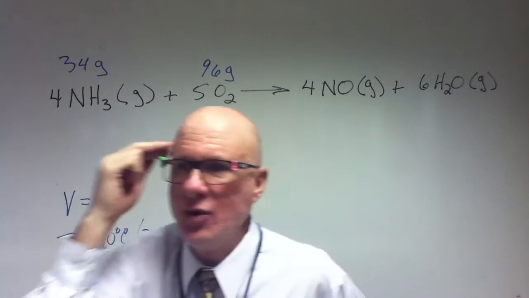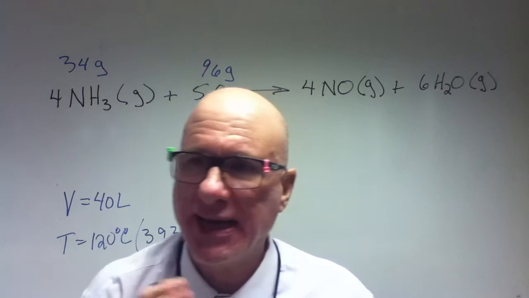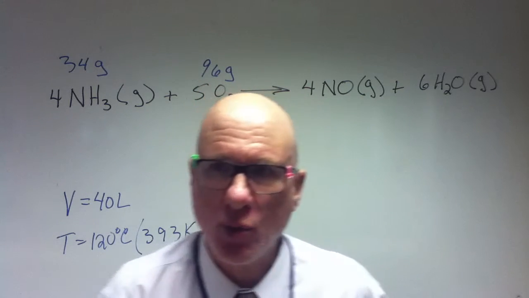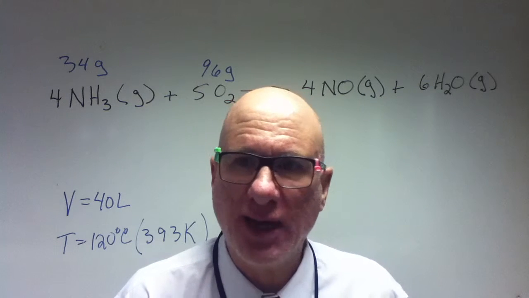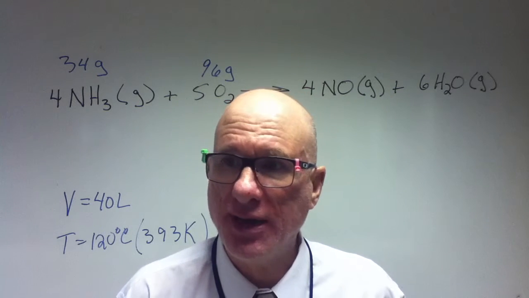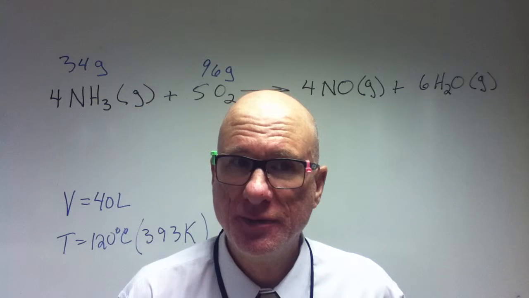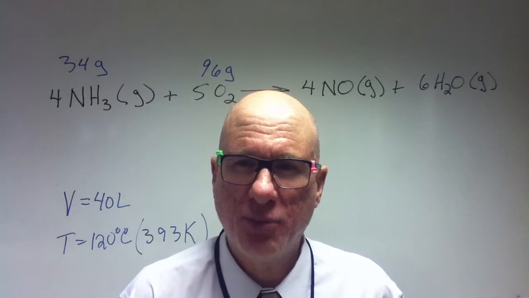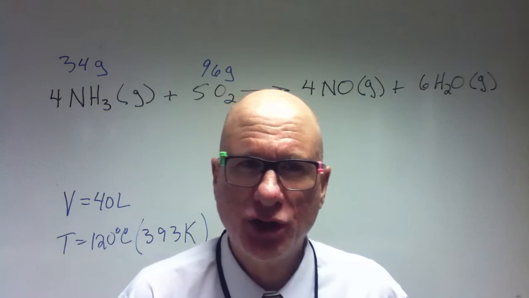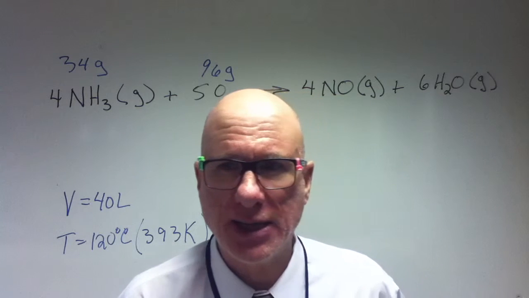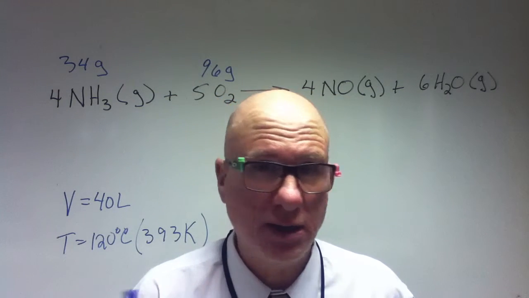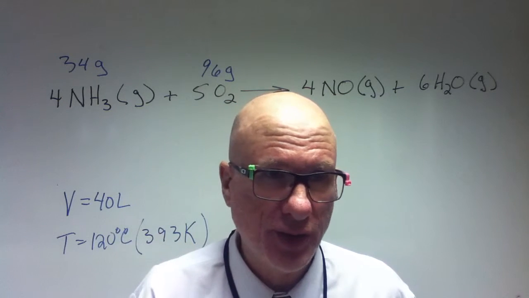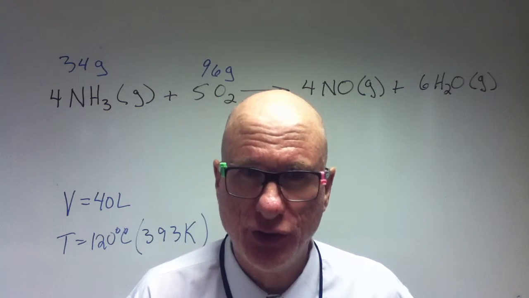So if you have a gas law problem and you're working with a mass of something, what type of relationship are you going to have to use? Any ideas? Boyle's law, Charles' law, Gay-Lussac's law, combined gas law, Graham's law? I'm trying to get you to go through it in your head. What might you use?